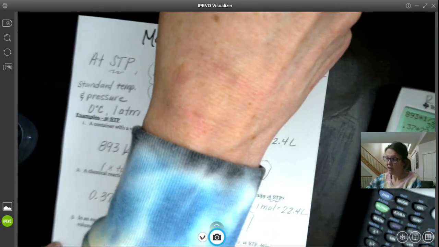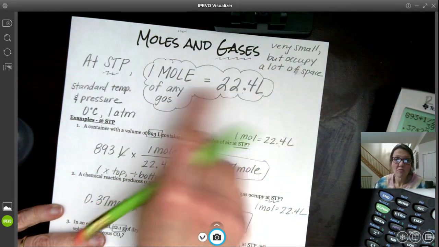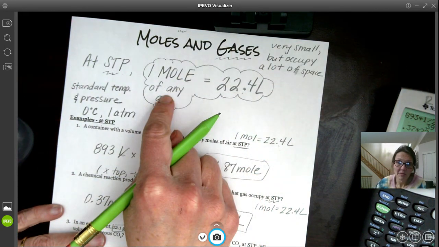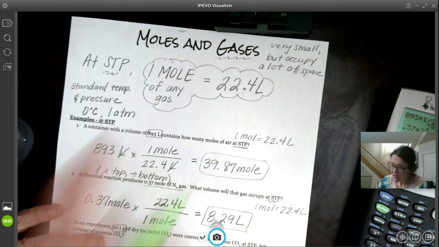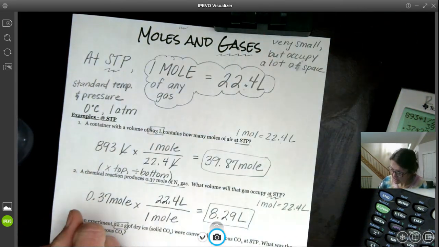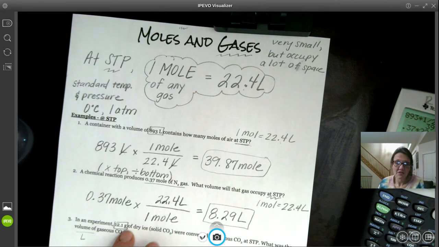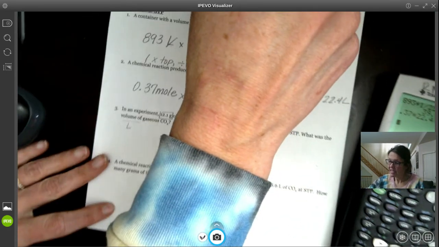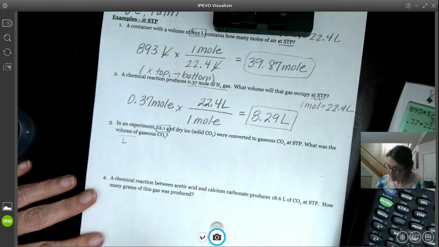If we look back up at our original conversion factor, there's no mention of grams. In order to find the volume, which is liters, we first need to take these grams and convert them to moles using the molar mass. Then once we know how many moles we have, we can convert that to liters. So this is a 2-step problem, all right?